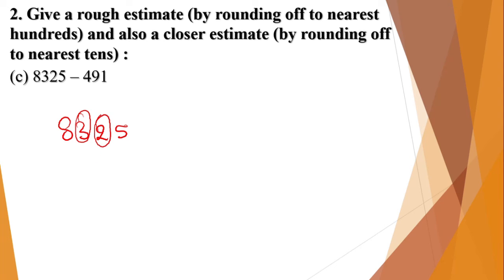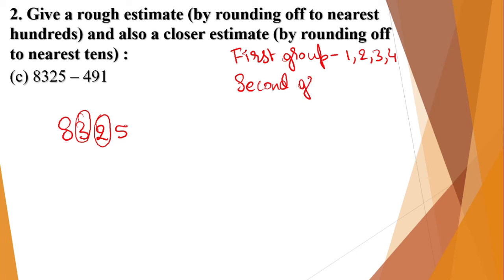Now, here we should check if 2 is in the first group or second group. In the first group, we have 1, 2, 3 and 4. And in the second group, we have 5, 6, 7, 8 and 9.